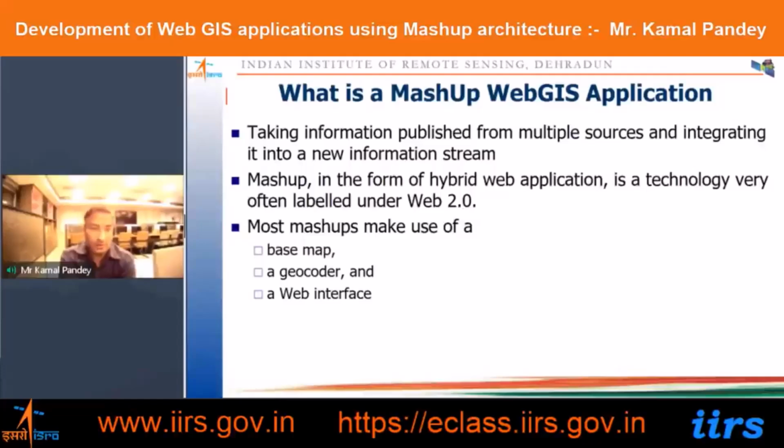Now Web 3.0 is also coming up, with the semantic web, as we call it. Most Mashup applications make use of a base map, a geocoder, and a web interface. This I have already covered in the very first lesson, so we will move further.